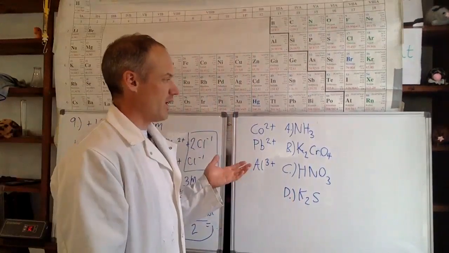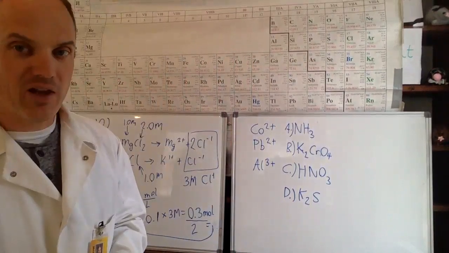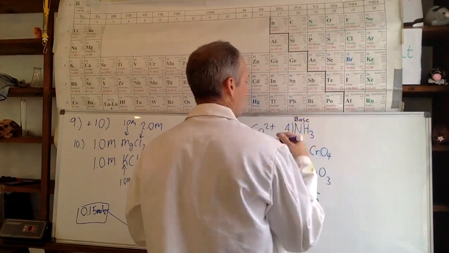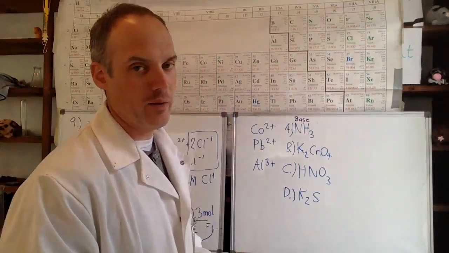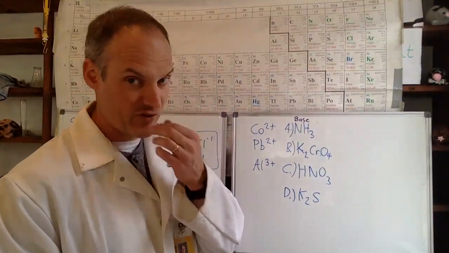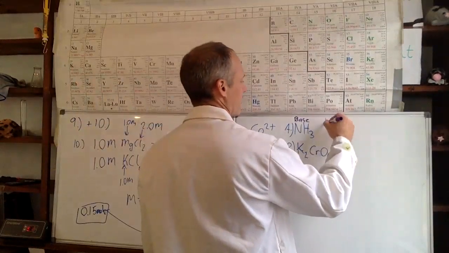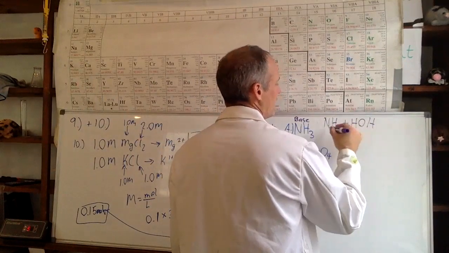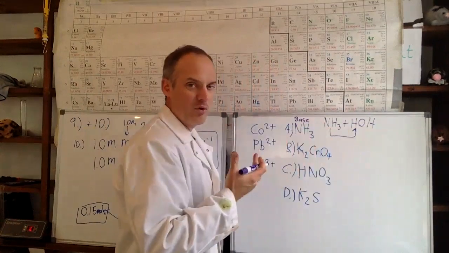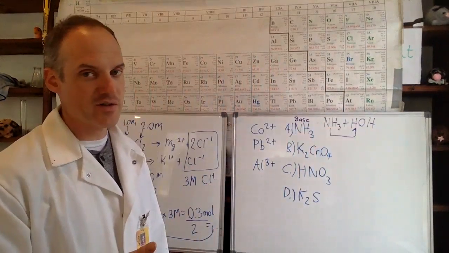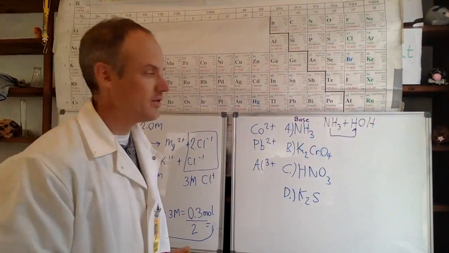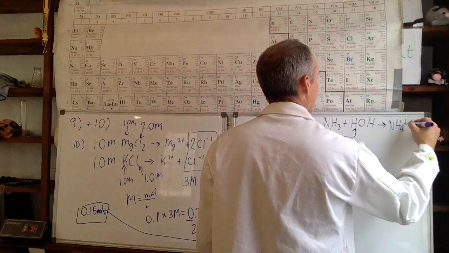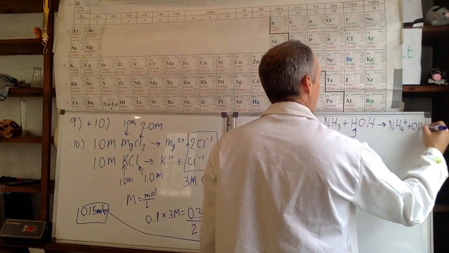So with NH3, NH3 is actually a base, okay? It's a non-traditional base because of the way it interacts with water. So let's look at how that works here real quick. If you have NH3 and HOH, the NH3 will actually remove one of the H's from water, and you'll end up with NH4 plus and OH negative.